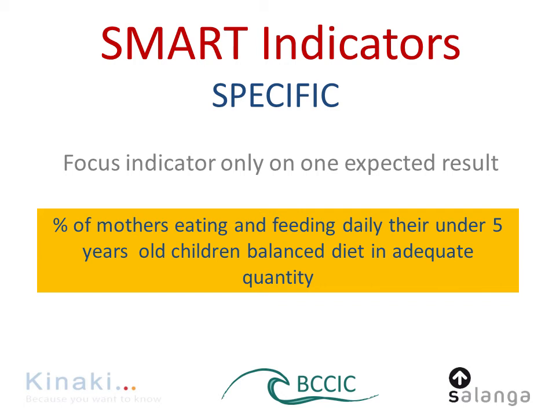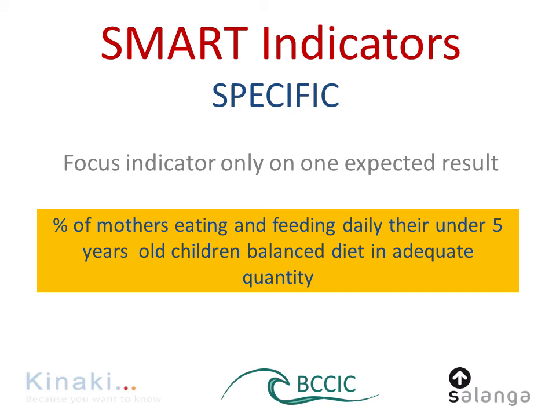So not only are we looking at two things at the same time, is it a balanced diet, which means a good food diversity, at least 4 food groups in 24 hours. We also are looking at the quantity of food, which means, for example, anything between 2 to 4 feedings, maybe adding breastfeeding to that as well.